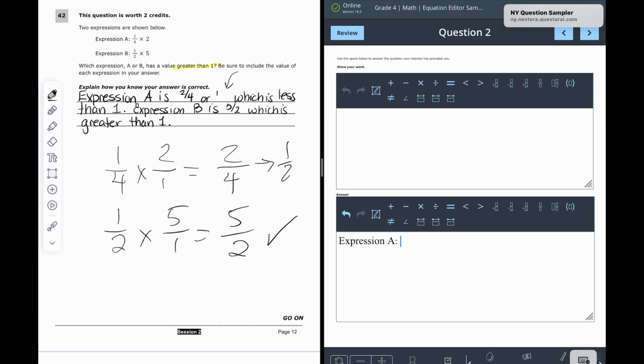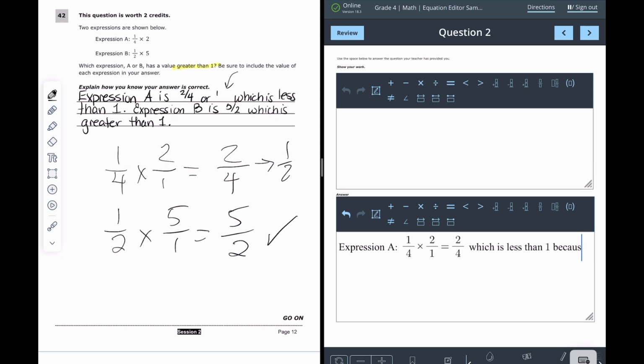So I'm going to use a fraction, 1/4 times another fraction, 2/1 is equal to, and my final answer is also a fraction, 2/4, which is less than 1 because my numerator is less than my denominator.